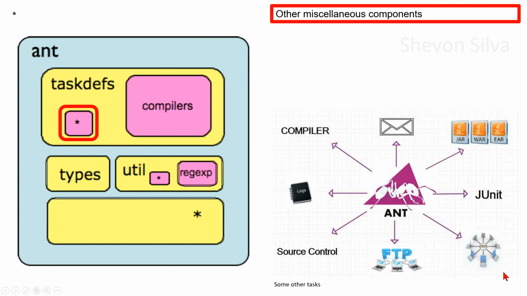Here you can see some other tasks, and there are archive tasks including gunzip, bunzip2, unxz, gzip, bzip2, xz, cab, ear, jar, jlink, manifest, rpm, signjar, tar, unjar, untar, unwar, unzip, war, zip.